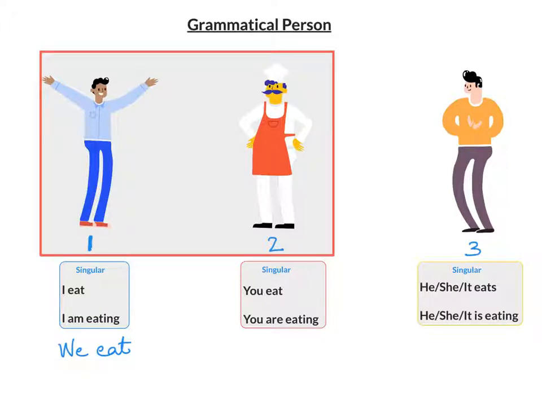Similarly, we may say, you eat. And in English, we don't have a differentiation between you, which is singular, and you, which is plural. So you may refer to many people who are being talked to. Similarly, in the third person plural, we may say, they eat.